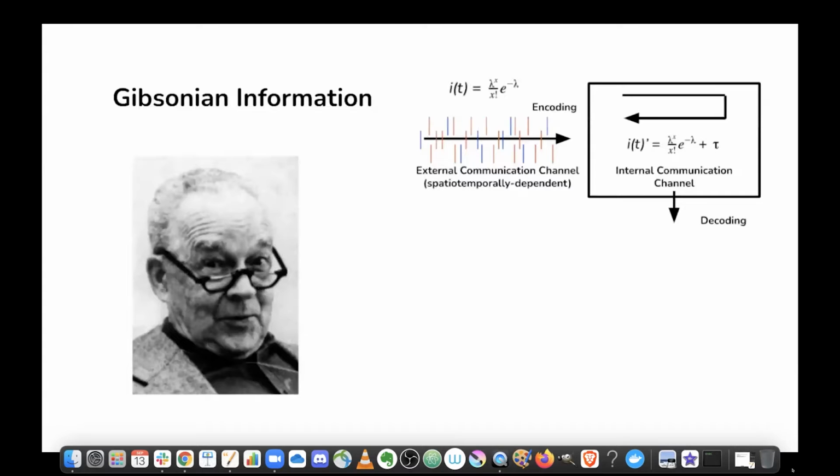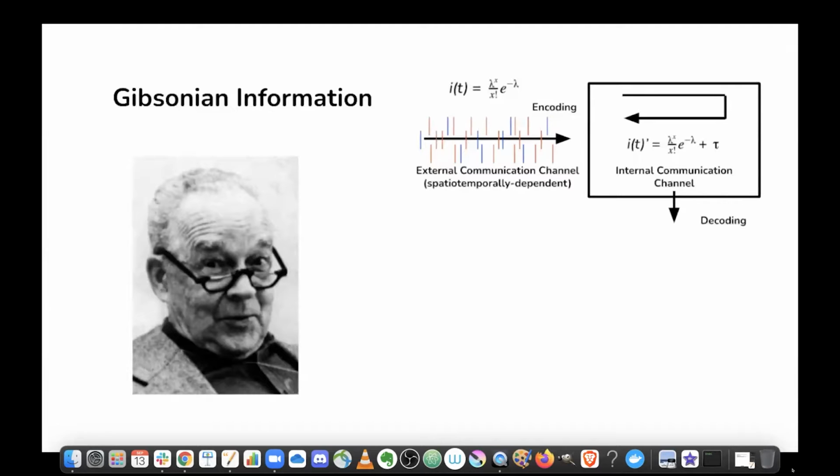This differs from Shannon information in that there's an encoding channel where you're observing external information which is spatio-temporally dependent. There are all these objects in the environment, distributed in space and encountered with respect to time. This conforms to a Poisson distribution, which you can see as IT, and it measures things as they arrive in the perceptual purview of the agent. You come upon things in time and in space.